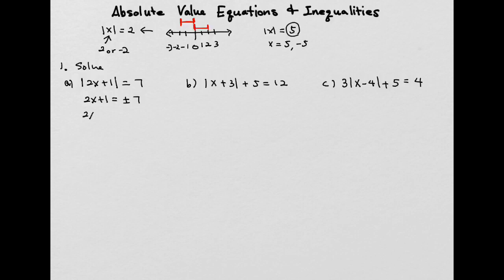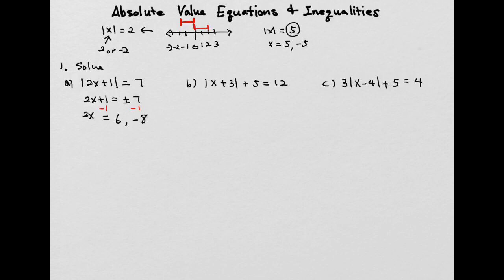Then you subtract 1 from both sides. When 7 is positive, you get 6. When 7 is negative, you get negative 8.